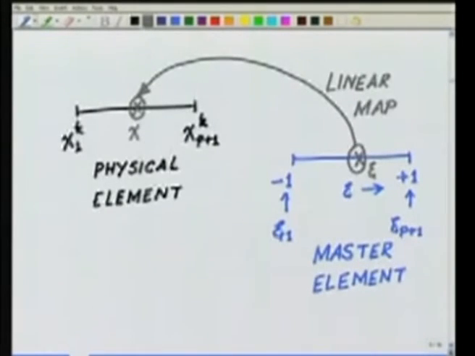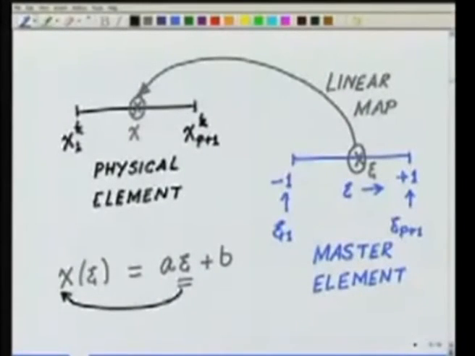Linear map or an affine map. So we say that x is a function of psi, and this is linear. That is, it is given by a psi plus b. So given the point psi, I can find the point x.